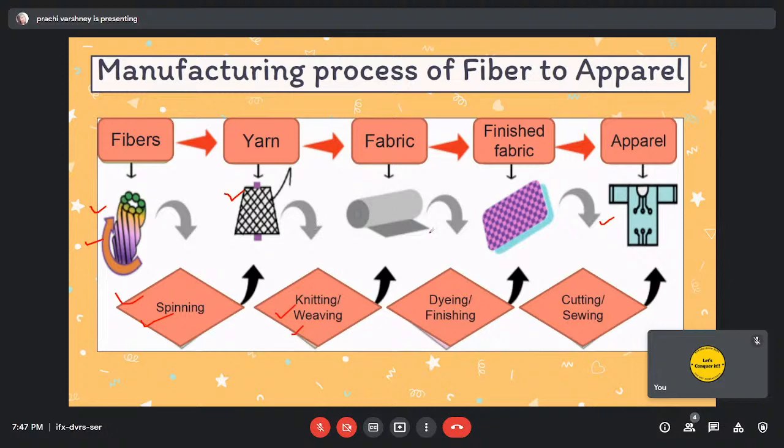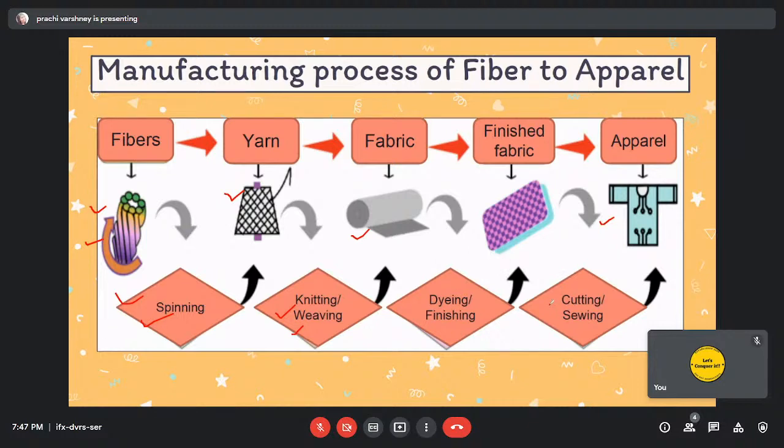Then we can perform different kinds of finishing processes like dyeing, printing, and any extra finishes. If I want a fabric for a specific purpose, I will do a specific kind of finishing on that particular fabric. After finishing this fabric, I will do cutting, sewing, stitching.